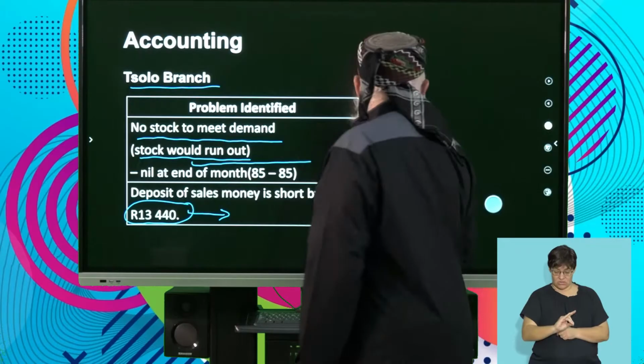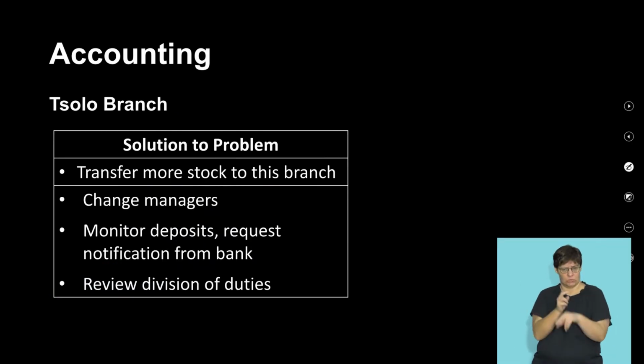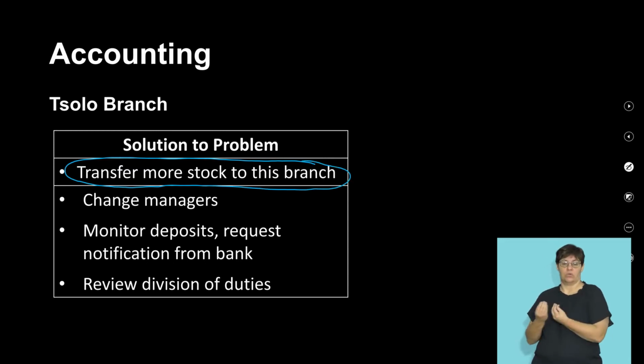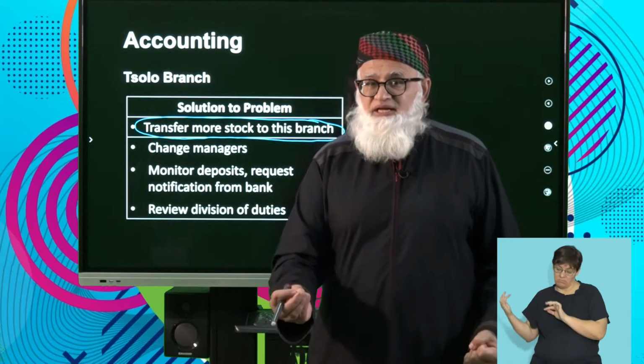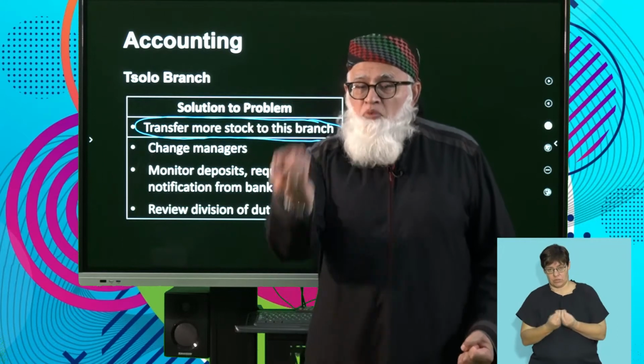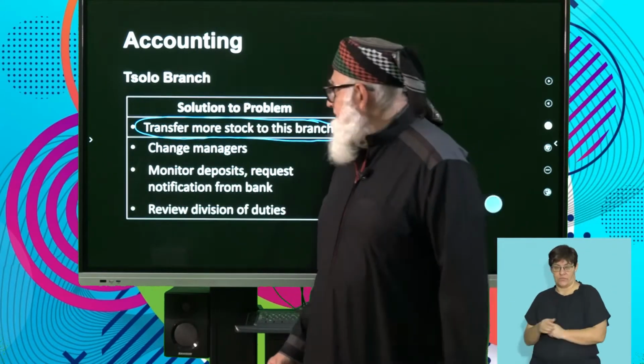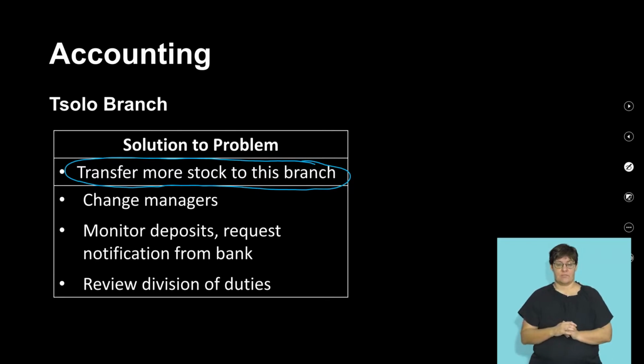Okay, now, where there's a problem, we need to solve the problem. Number one, transfer more stock to this branch here. Clearly, this was as a result of us not having enough stock on hand to meet the demands of that particular branch. Definitely, we need to transfer more stock into that branch. Okay. As far as the other challenge is concerned, right?